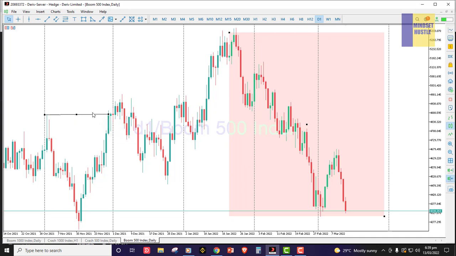So this time we are looking at a high. We need the candle's body closing above it to give us a break of structure.